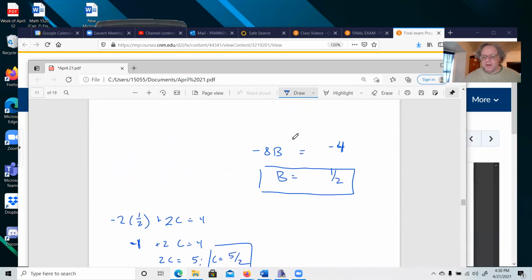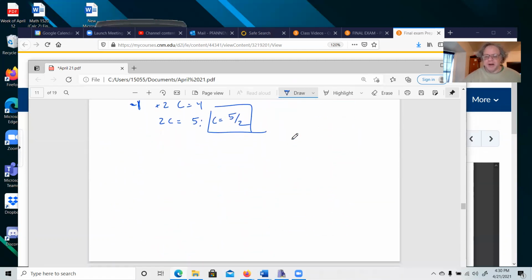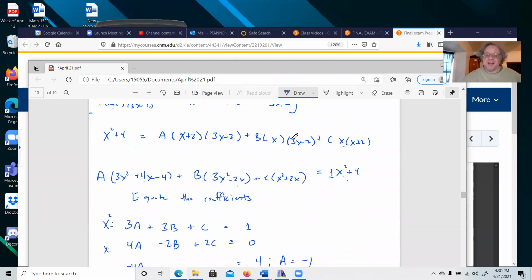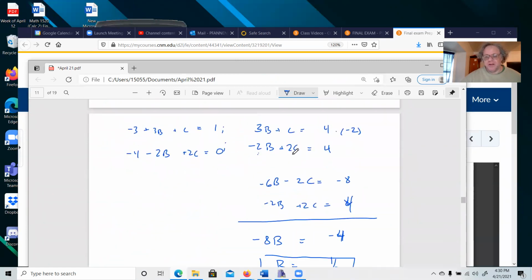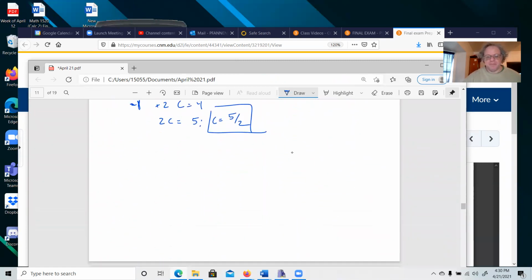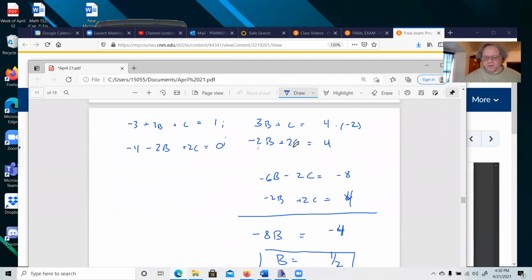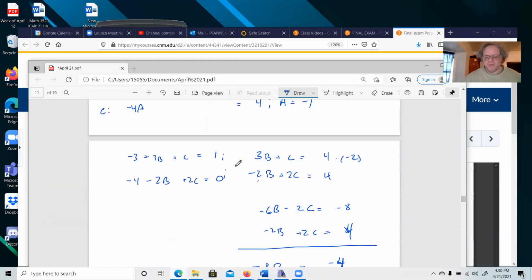All right. So our partial fraction decomposition. Do you remember what you set up at the beginning? I don't. So we have a over x, b over x plus 2, c over 3x minus 2. So this is equal to 1 half, 1 over x. No, what was a? It was negative 1, wasn't it? Yep, sure was.